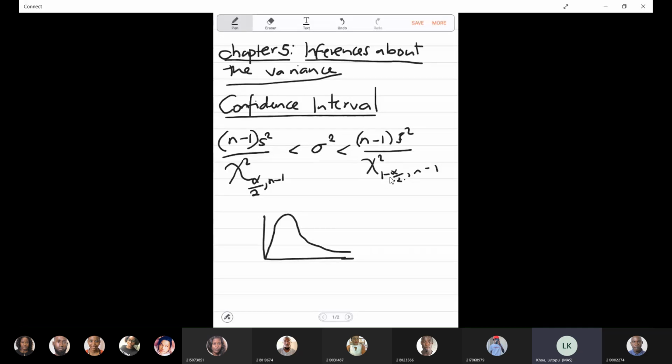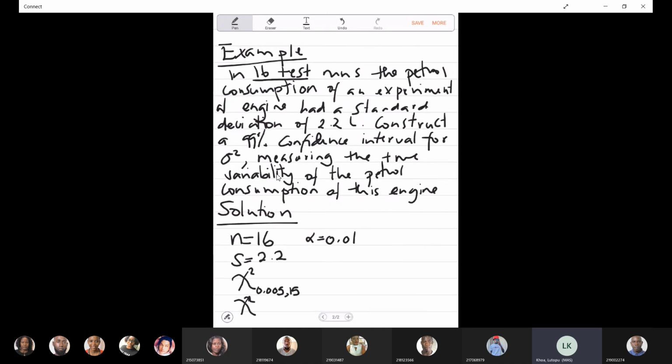It's 1 minus alpha over 2. So what I need to do is subtract that 0.005 from 1, and then that will give me my value over here, and then the degrees of freedom are the same. So here, what I will say is 1 minus alpha over 2.